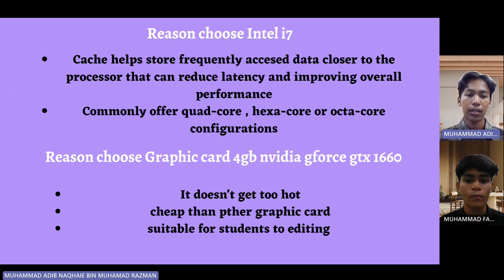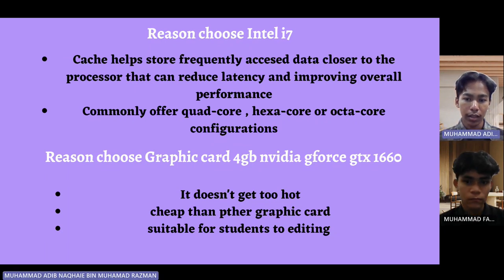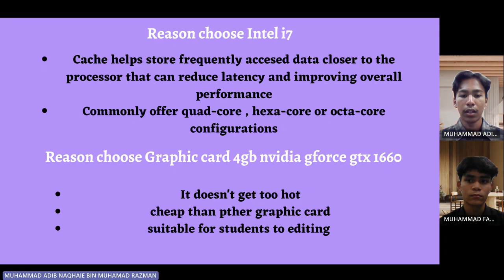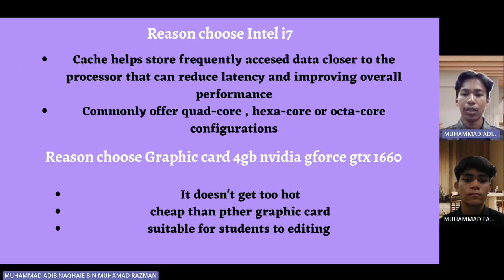And next, it commonly offers quad-core, hexa-core, or octa-core configuration. Next, the reason why we choose NVIDIA GeForce graphic card is because it doesn't get too hot, which avoids any problem while editing or rendering. Next, because it is cheaper than other graphic cards, and it is suitable for students to do editing.